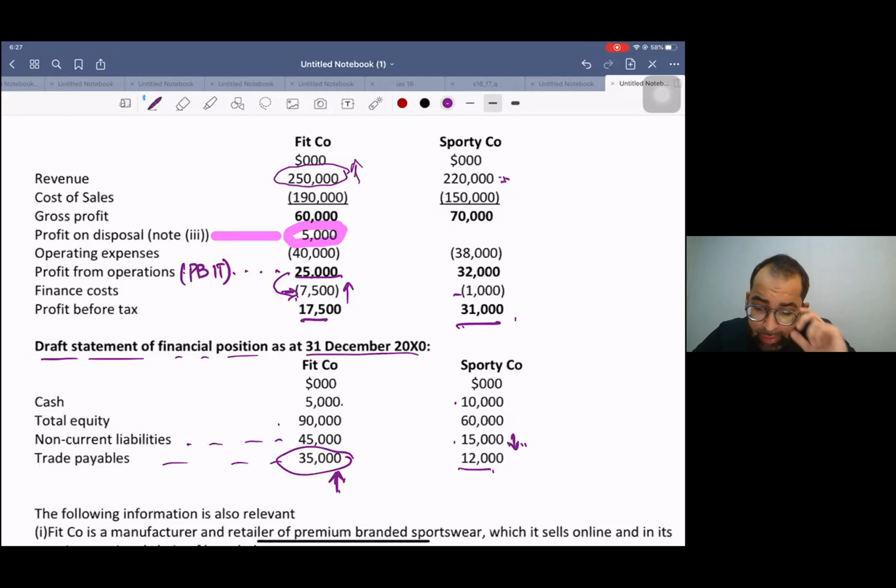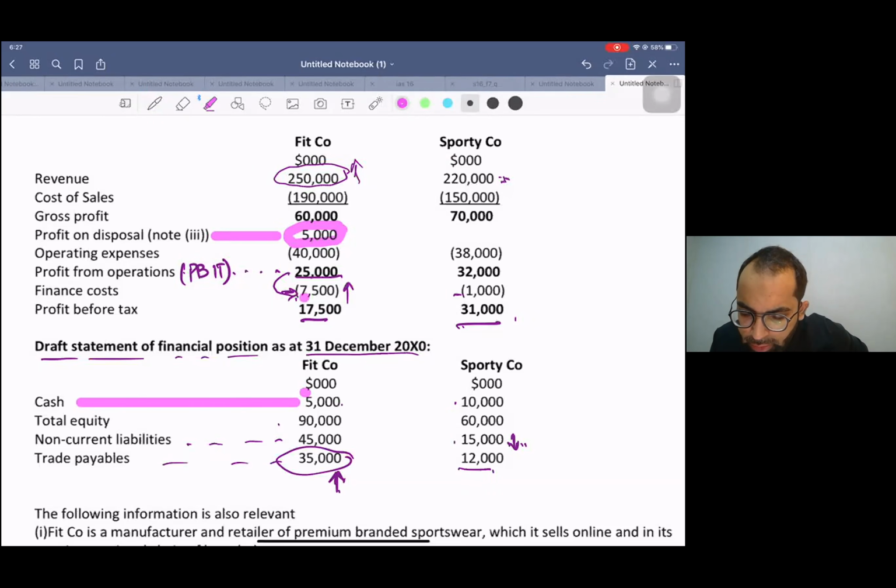Now one thing, just a discussion. Fit company has a cash balance of 5,000. And what's the finance cost of Fit company? It's 7,500.